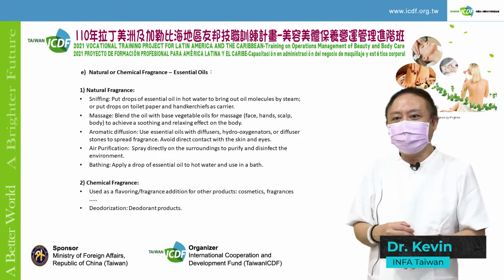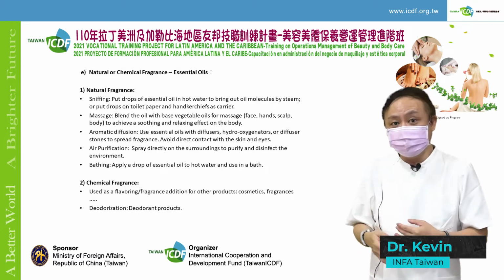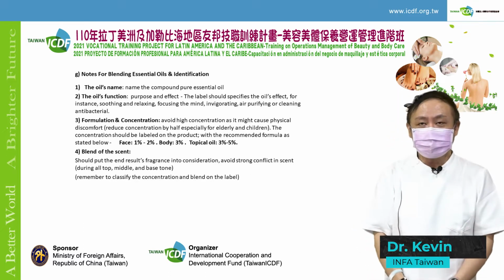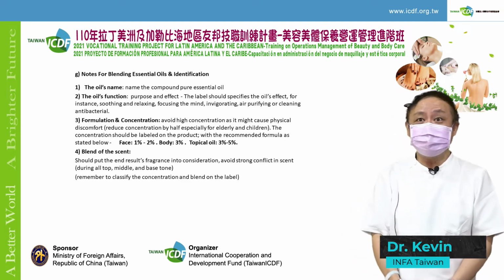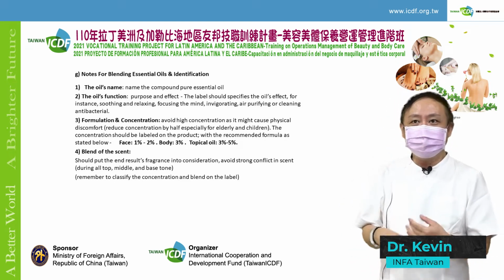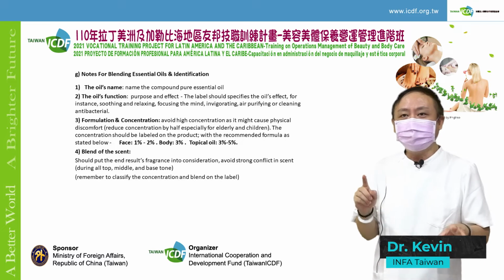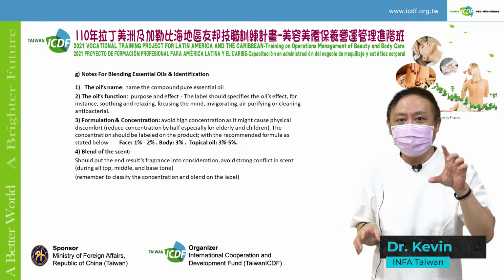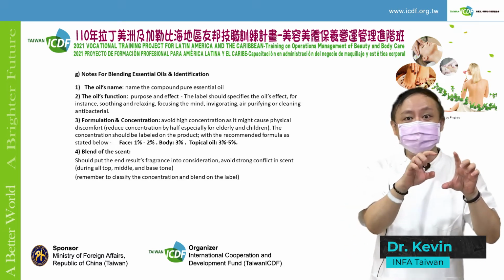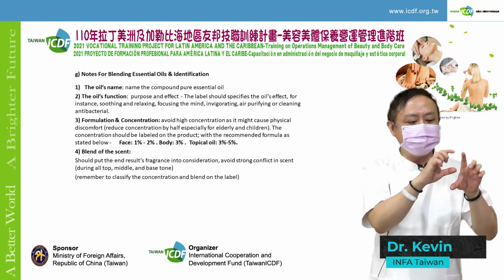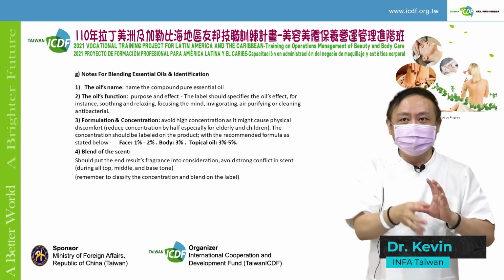Next, what are some things we have to be careful when we're trying to blend essential oils? When we're trying to blend an essential oil, we need to make sure we put a label on it and know exactly how we're using it and what its function is. And also the formulation, for instance, this is for relaxation. If it's for boosting focus, or for purification, we need to make sure we write the right name.